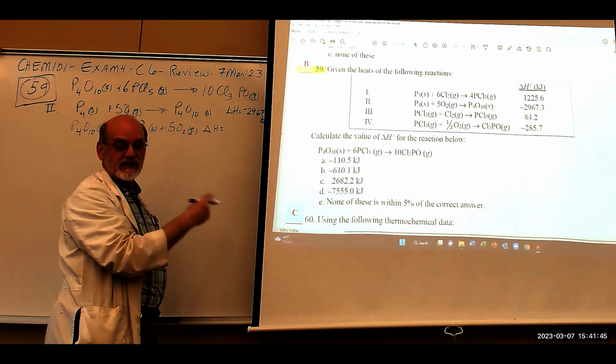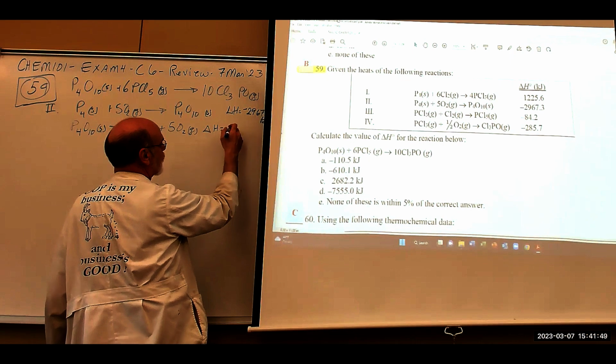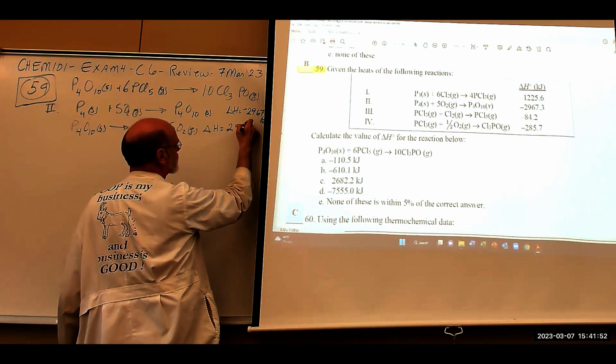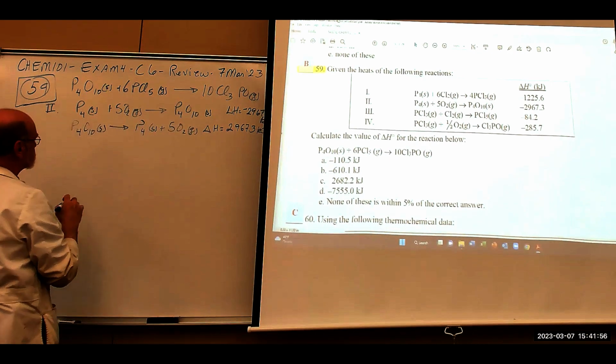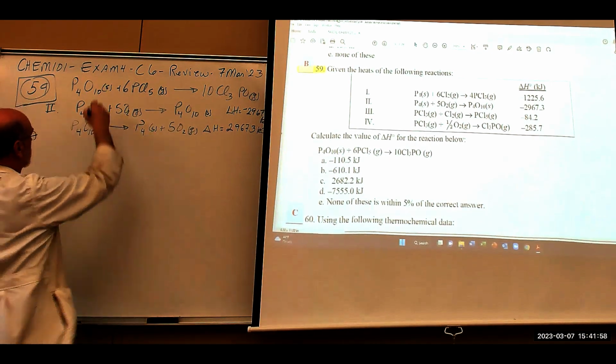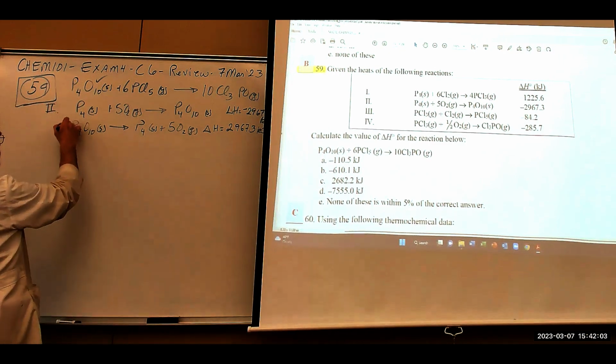When you run a reaction in the opposite direction, you just change the sign of the enthalpy. So this one is 2967.3 kilojoules. Okay, so we've taken care of that one. And we're going to use this equation.